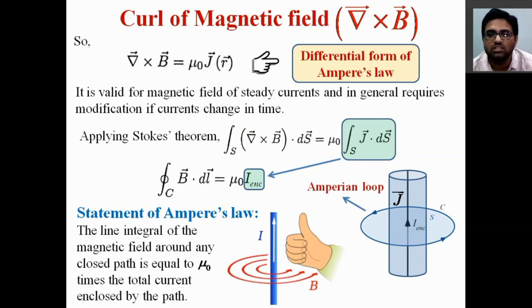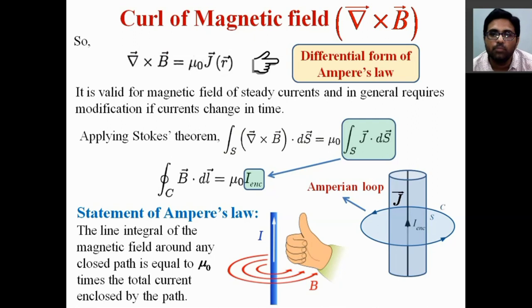Okay, so what is that? If a right hand screw is rotated in the direction of integration, then its direction of movement defines a positive current, and the current having opposite direction is considered to be negative.